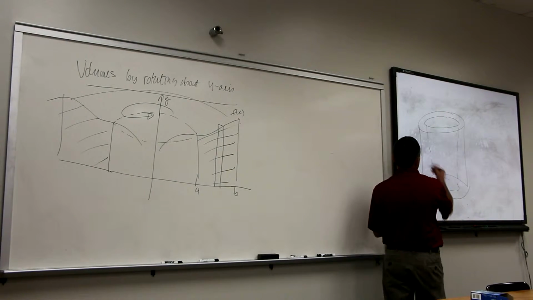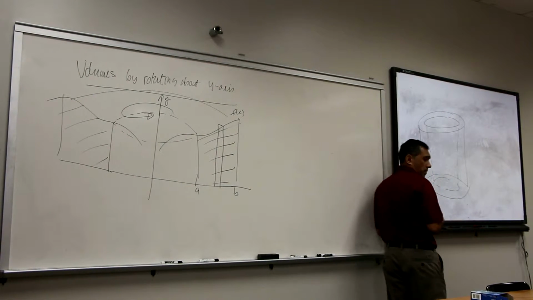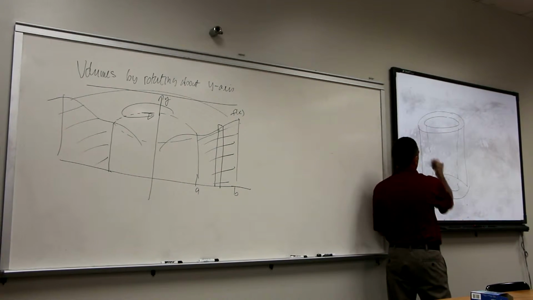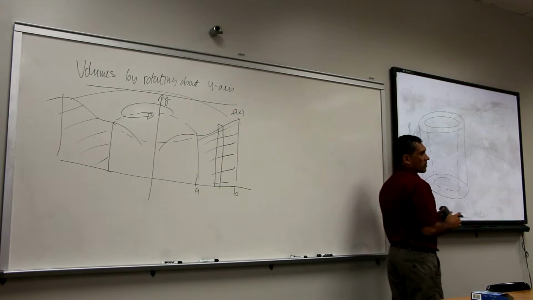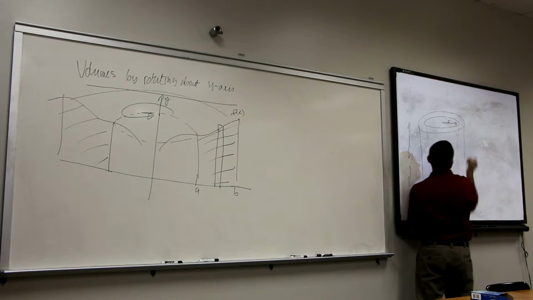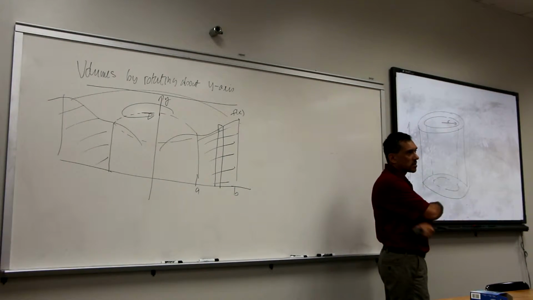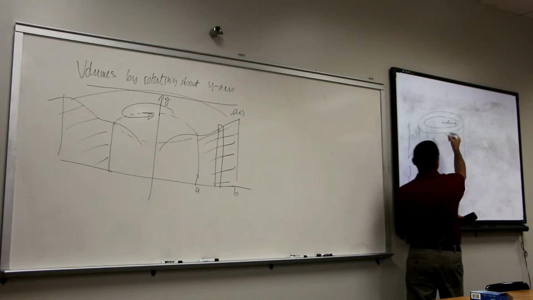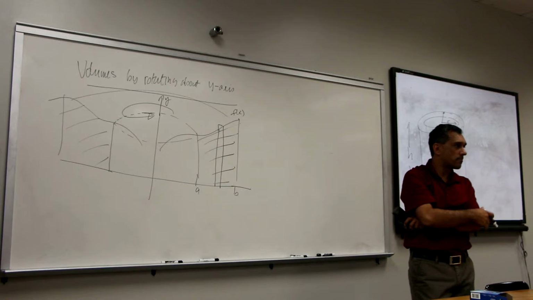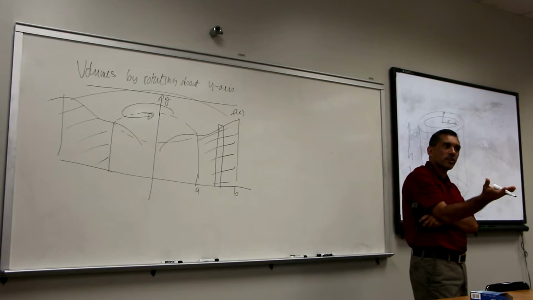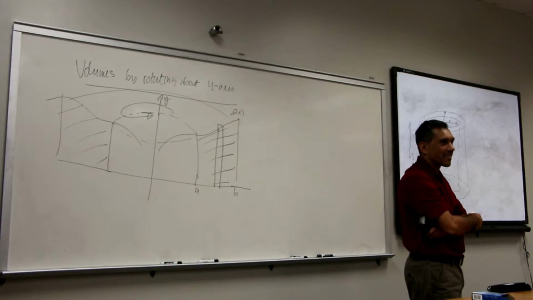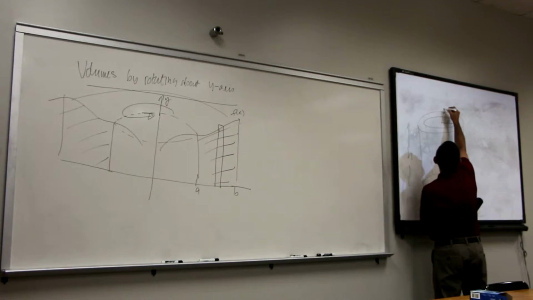So of course you're going to need the height. You're going to need the inner radius. And you're going to need the outer radius. What would be the outer radius? A little more than R. What's a little more than R? R plus something. Anybody know R plus something?